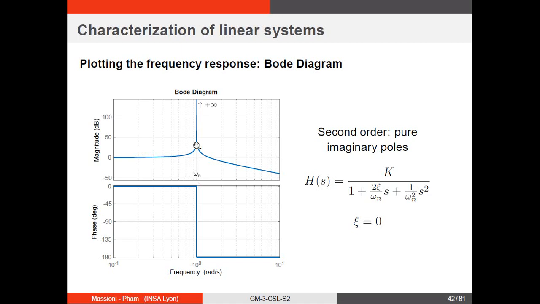Imagine you have here a sine going in, the amplitude of the output will go to infinity. So you can imagine actually the output will be a sine wave that grows and never stops. So this kind of phenomenon, if you have it in a real system, is kind of dangerous. So you understand why resonance, what we call resonant peaks, are usually a phenomenon that we like to avoid.